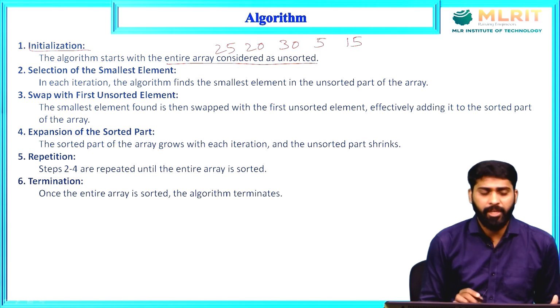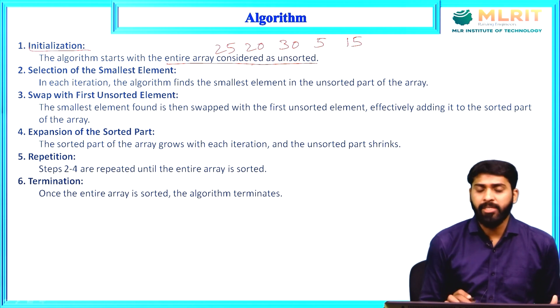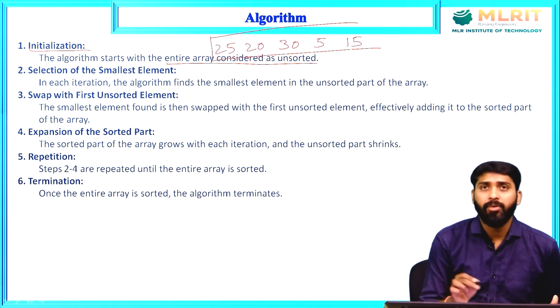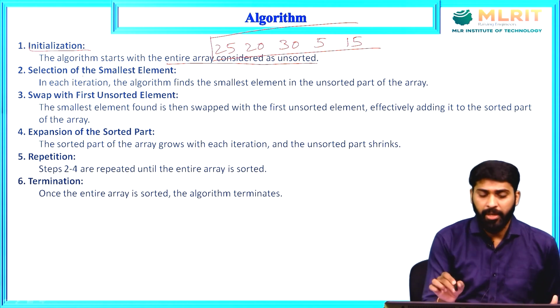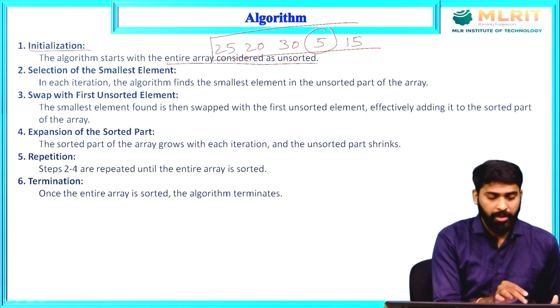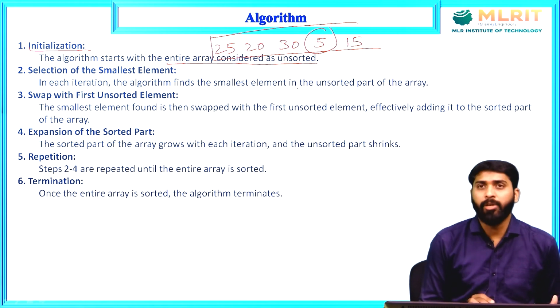What is the first step? In the first step, the algorithm starts with the entire array considered as unsorted. Now, selection of the smallest element. In each iteration, the algorithm finds the smallest element in the unsorted part of the array.